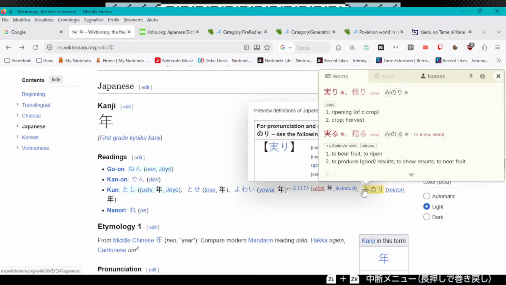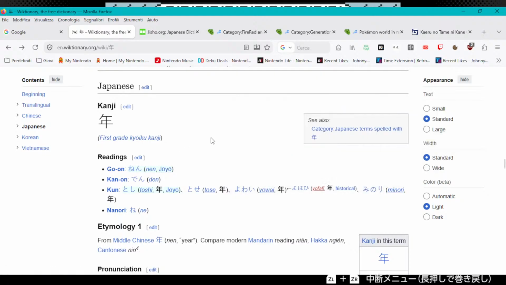The minori, most likely related to the original meaning for harvest, but nowadays we use other kanji. So the readings you have to keep in mind are simply Nen, the Chinese reading, again, notice how convenient that it's so similar to Sen, and Toshi, the strictly Japanese reading.